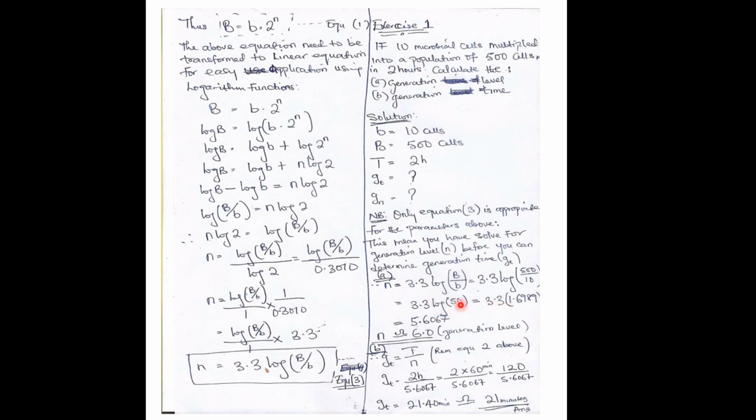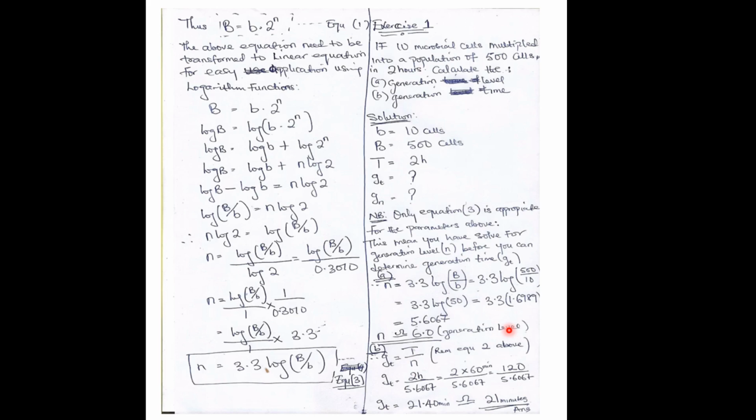When you find the logarithm of 50, that gives you 1.6989 in bracket. Then when you open the bracket, by the rule of BODMAS, everything in the bracket must go before anything outside the bracket. So 3.3 times 1.6989 gives you 5.6067, which is approximately 6 generations. That is 6 divisions have occurred within 2 hours.